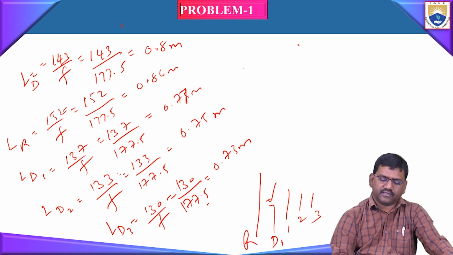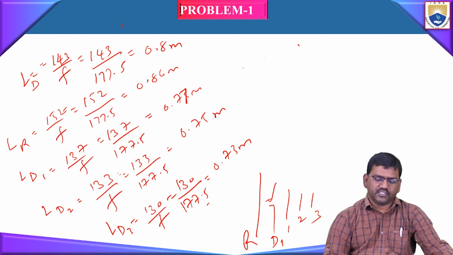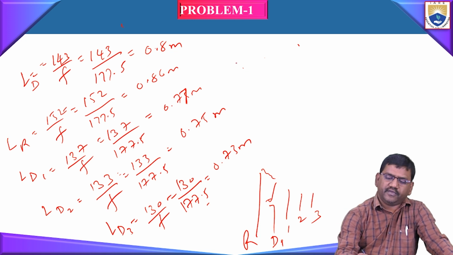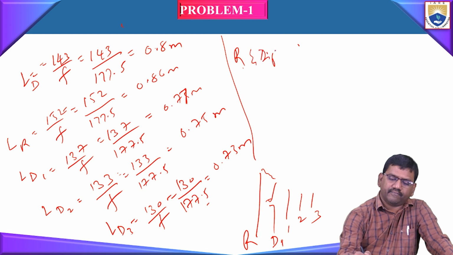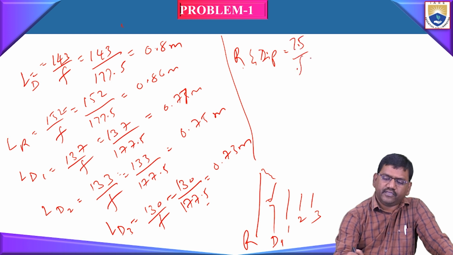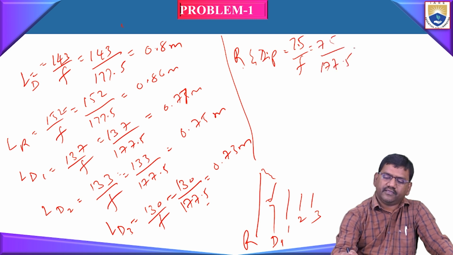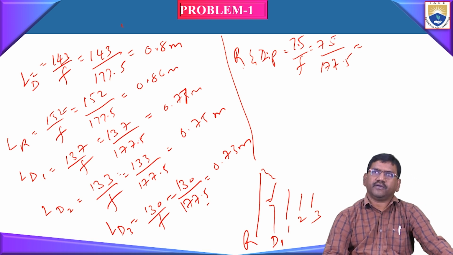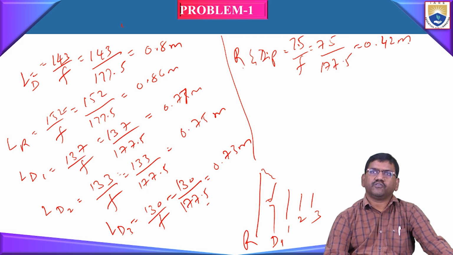This is the reflector. Now we need to find out the spacing between the elements. So what is the spacing between these two elements? Let us find out the spacing between the reflector and the dipole. The spacing between the reflector and the dipole is given as 75 by f megahertz, so 75 divided by 177.5 gives 0.42 meters.